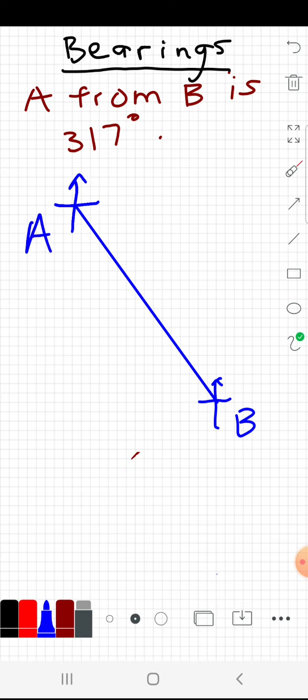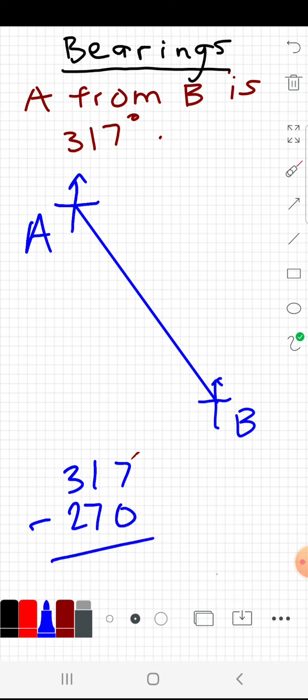317 degrees is not less than or equal to 90. So I have to find an angle that is less than or equal to 90. I subtract from the last bus stop before this. The bus stops I have are 90, 180, 270. 270 is the last bus stop before 317. And that will give me 47.